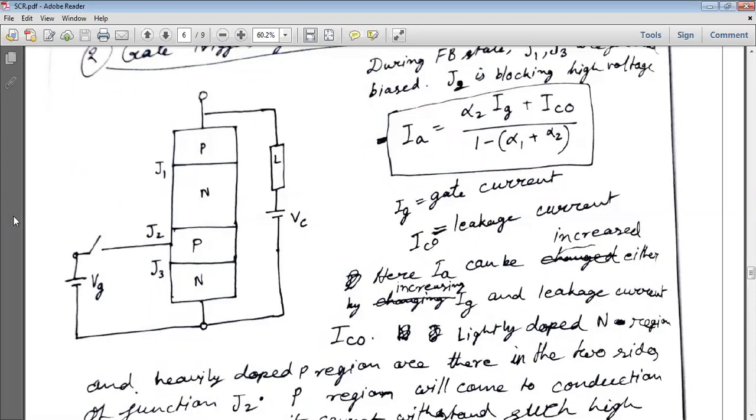In the SCR, the gate to cathode region is heavily doped, so it is not required to produce continuous charge to the device. A short pulse is enough to start conduction. Continuous energy production would be lost for the system, so efficiency will be less. So we provide pulses. Once the device comes to the latching state, immediately gate pulses are stopped. Okay, so this is the process.